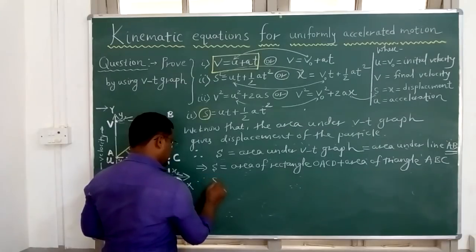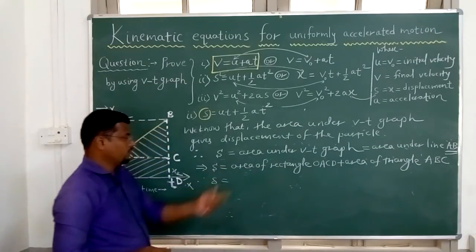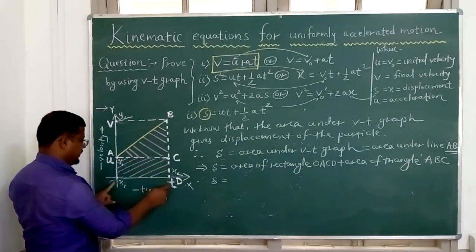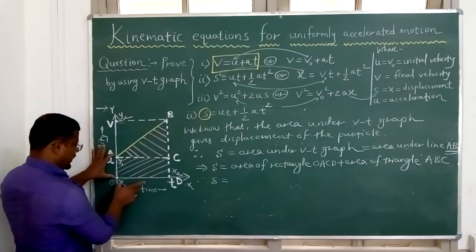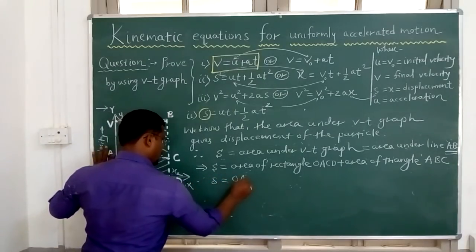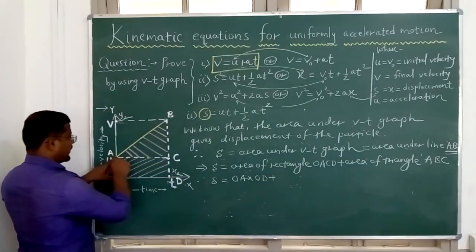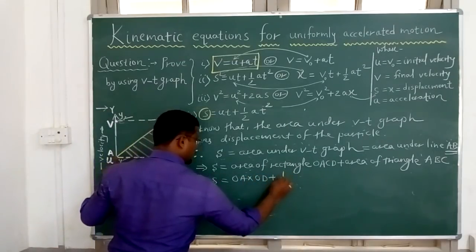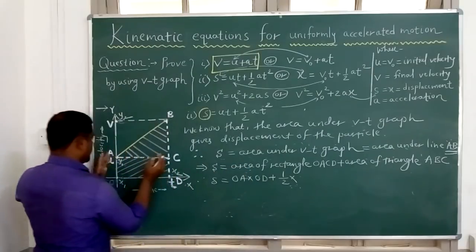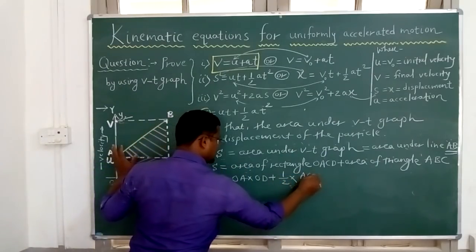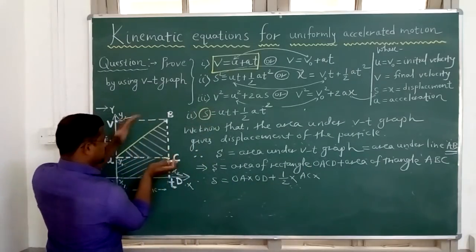So therefore s is equal to the area of rectangle OACD, which is OA into OD, plus the area of triangle ABC, which is half into base into height. What is the base here? AC. What is the height here? BC.